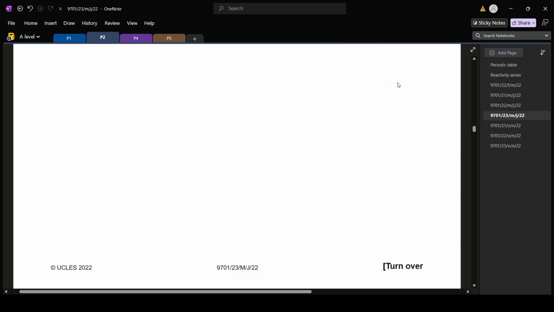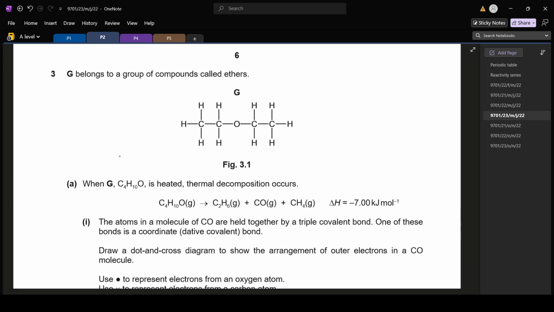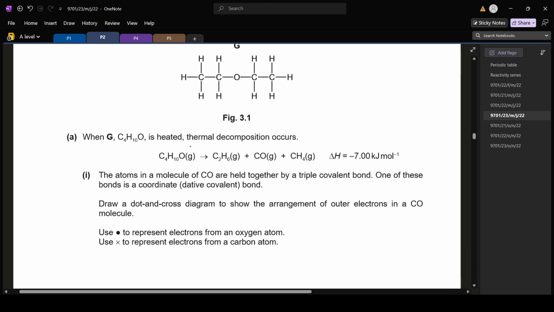Moving towards the next part. Question number 3. G belongs to a group of compounds called ethers. When G is heated, thermal decomposition occurs. The atoms in a molecule of carbon monoxide are held together by a triple covalent bond.